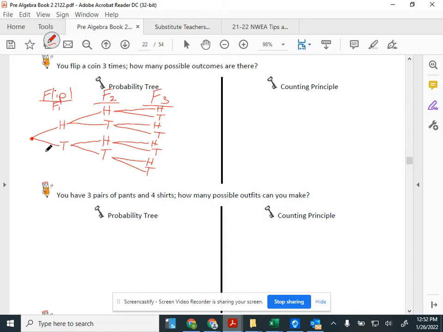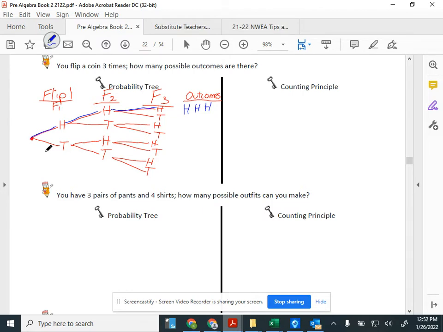So I'm going to look at all these and say, okay, now I can write down what my outcomes could be. So if I flipped a heads, and I flipped a heads, and then I flipped a heads, that would be heads, heads, heads.